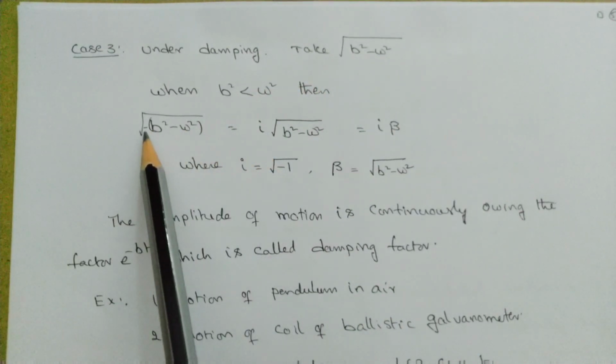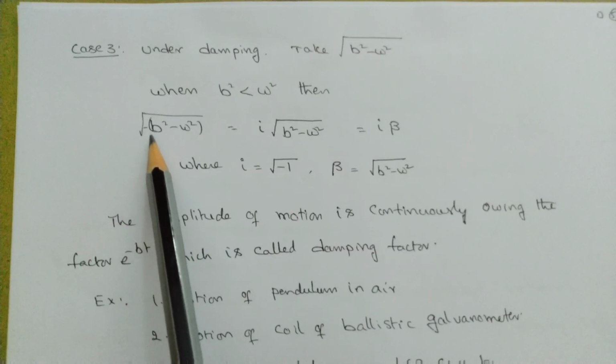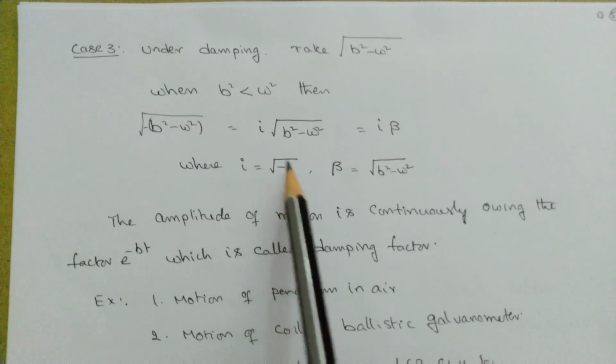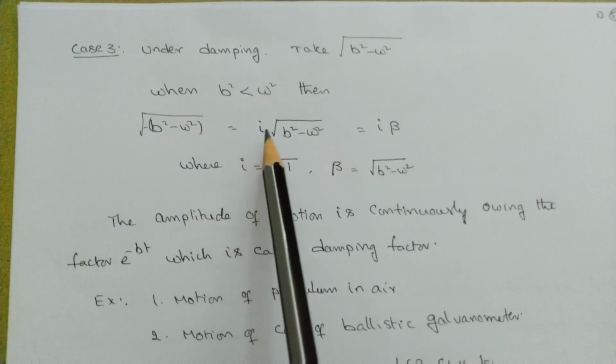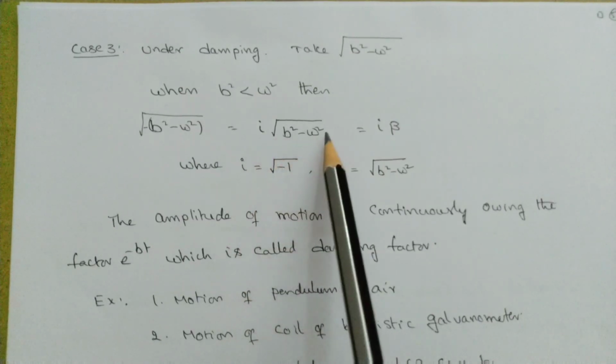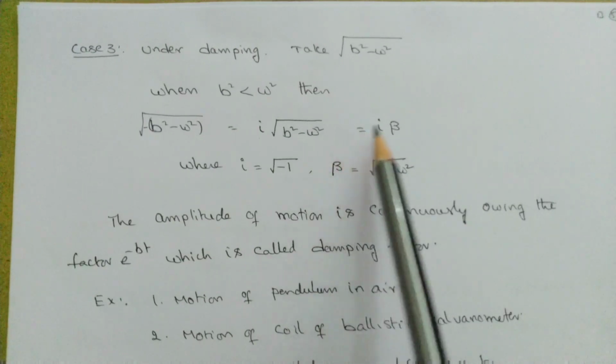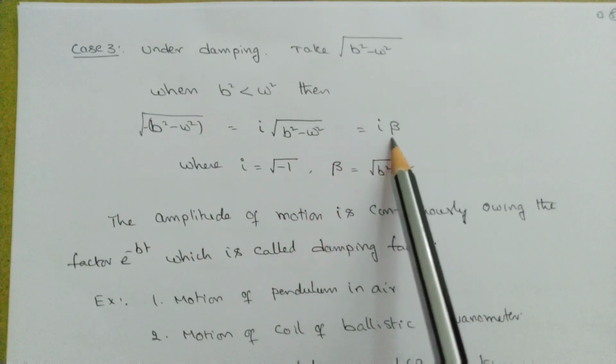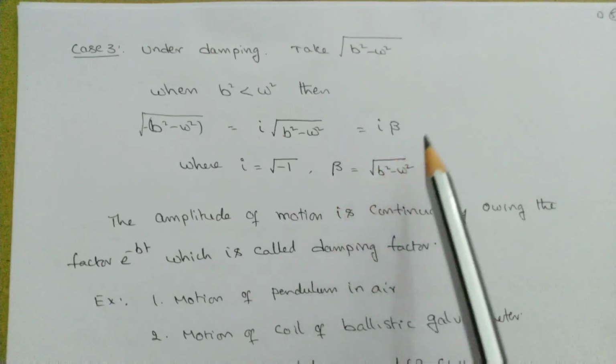Here minus represents minus 1, and root of minus 1 is nothing but i. This is a complex value, i into root of (ω² - b²), which I have taken in the form of β here.